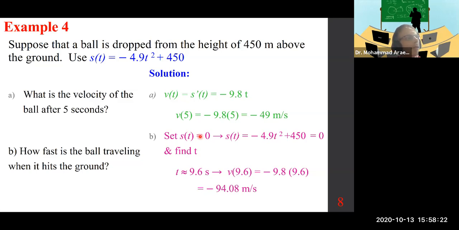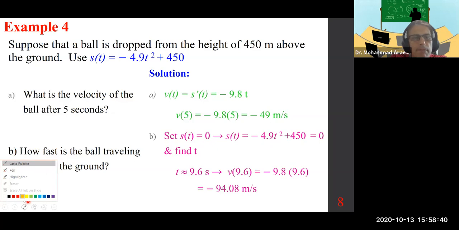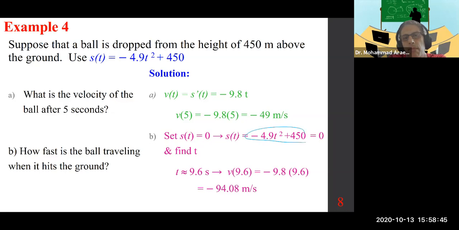And you solve negative 4.9 t squared plus 450 equal to 0, which means t squared is 450 over 4.9.